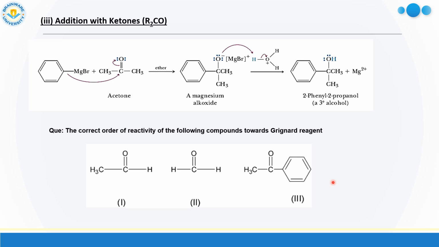Can you tell me what the reactivity order should be using Grignard reagent? Here the second one, formaldehyde, will be the fastest reaction as compared to 1 and 3. Why? What is the reason behind that?